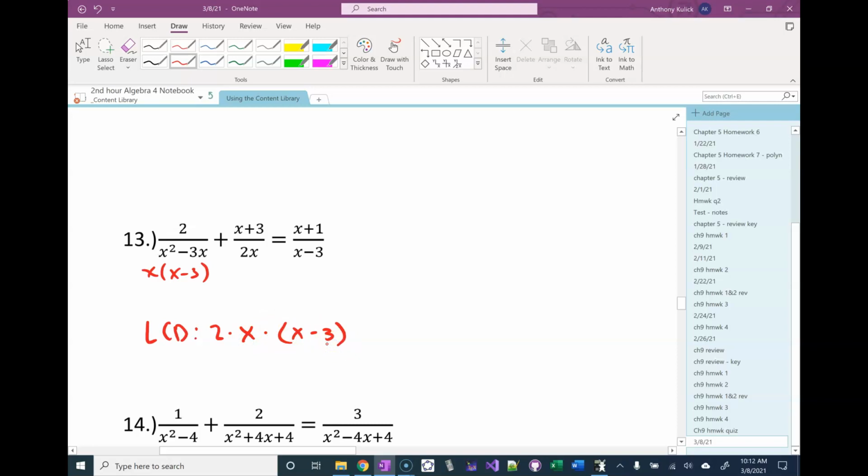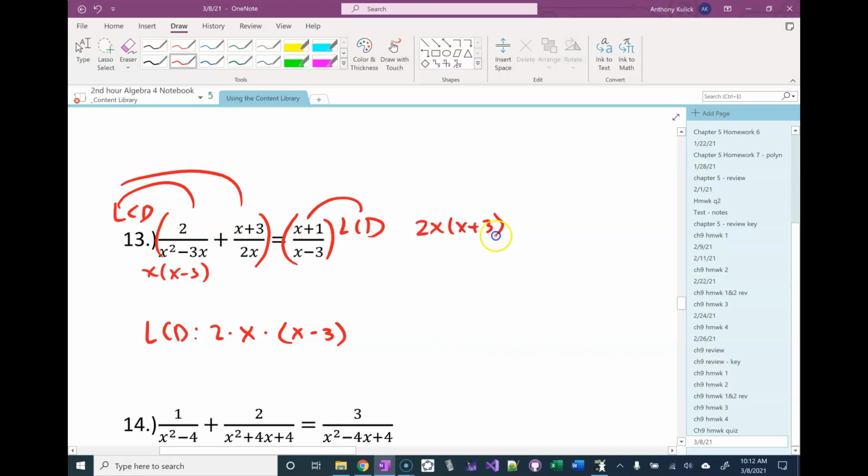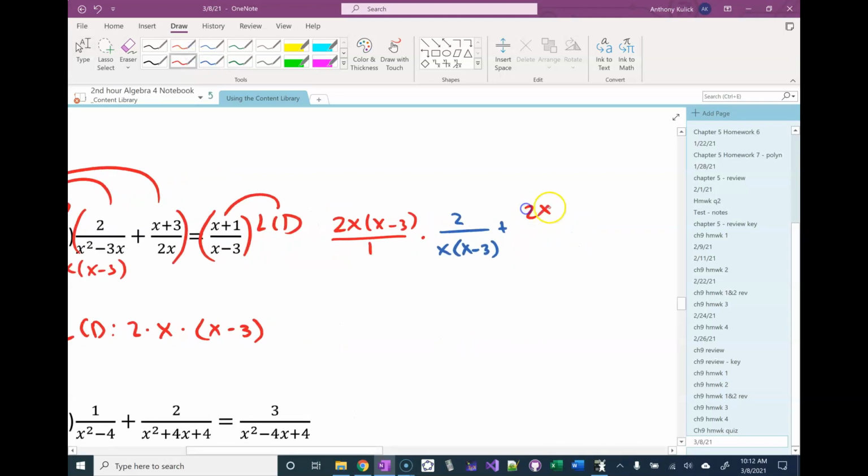So we'll now multiply both sides of this by the least common denominator. Plus 3, minus 3. Elizabeth, you so far so good?